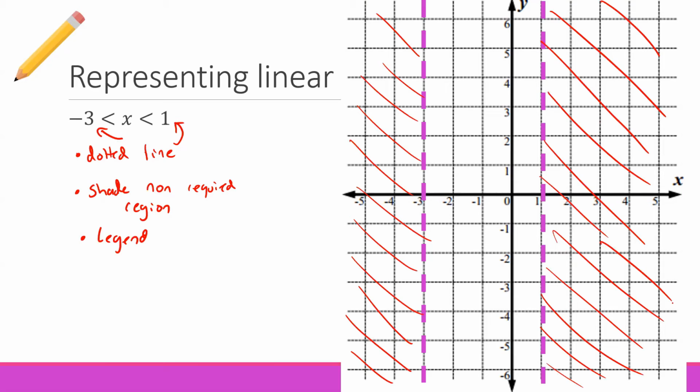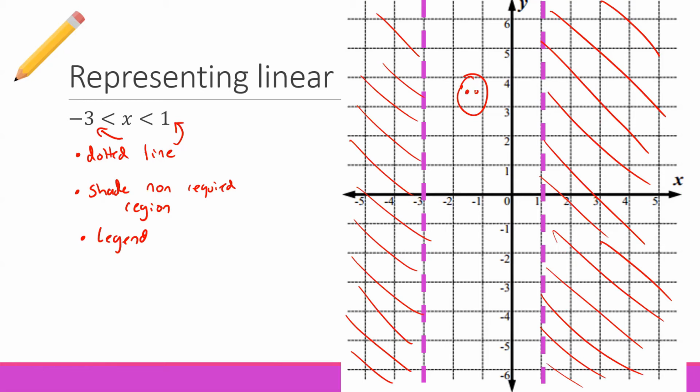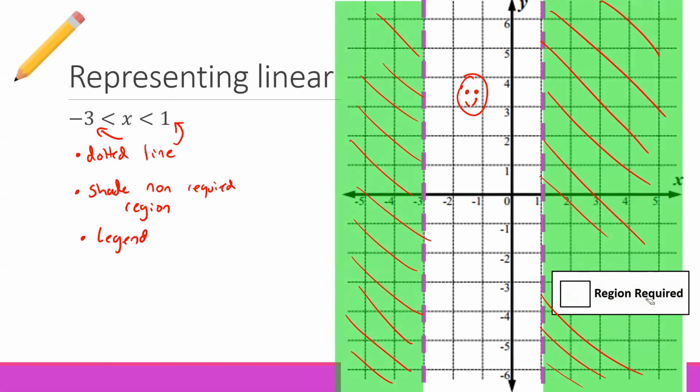If you want to be super special, you can instead use a highlighter or something, but as long as the area inside is unshaded, that's the main one. And the last part is you need a legend. Now the legend usually says region required, and you've got this blank square here.